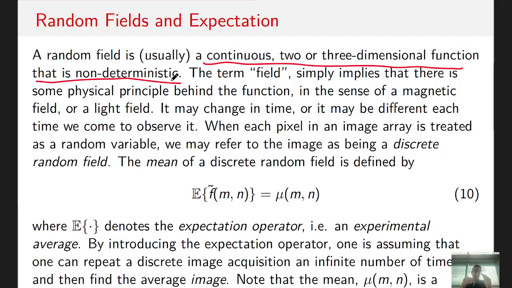So a random field will, between successive observations of that field, not necessarily taken at regular intervals in time, but just at different points in time, if it fluctuates in an unpredictable fashion, then you can say that it is non-deterministic.